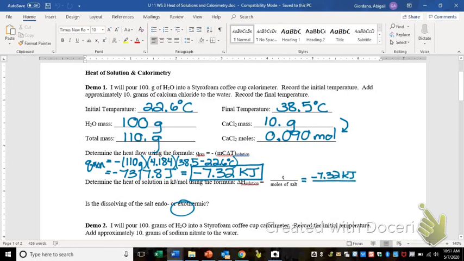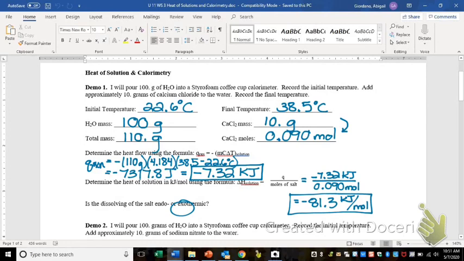And look back up at the top. How many moles of calcium chloride did we have? 0.090. And when we divide that out, I get this.